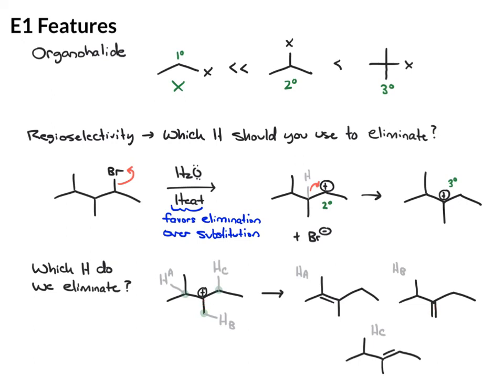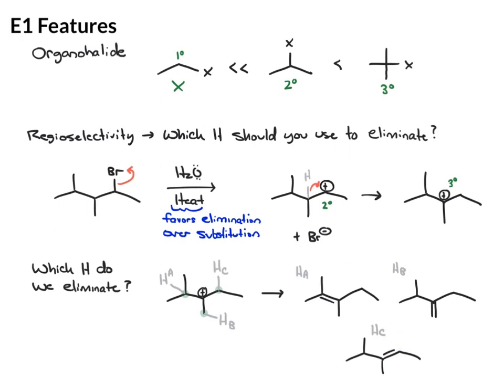And then if you eliminate between HC and the carbocation, you're going to get the double bond right here. And on C, you could actually get both double bond isomers. So in this case, we have this methyl on the same side as this methyl. You could potentially get the other isomer where the methyl is up here as well.